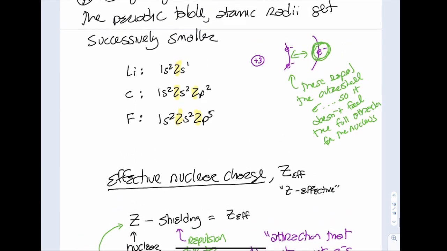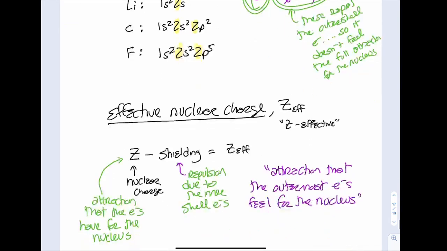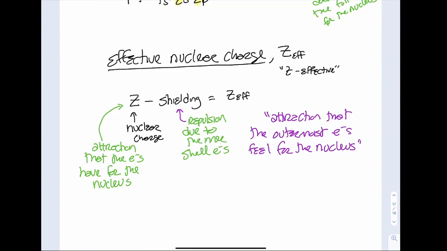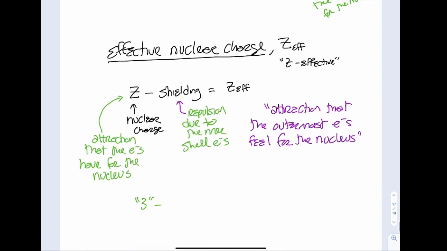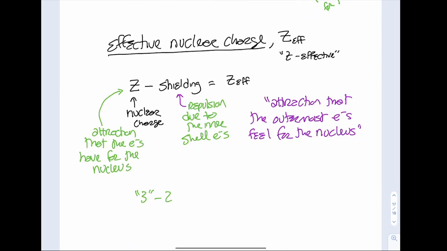So I would say, okay, in lithium, I have 3 positive charges and I have 3 negative charges. So I'm going to say that my attraction is 3. So that's going to be Z. I have 2 inner shell electrons. So that's my shielding. And that's going to give me a relative effective nuclear charge of 1.